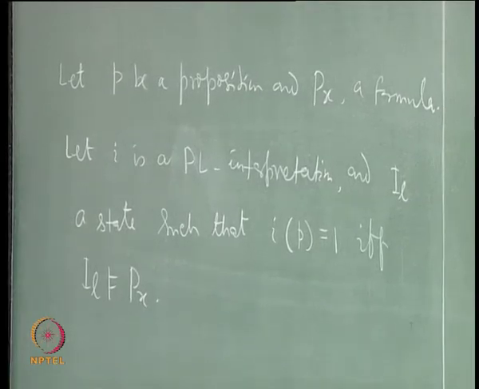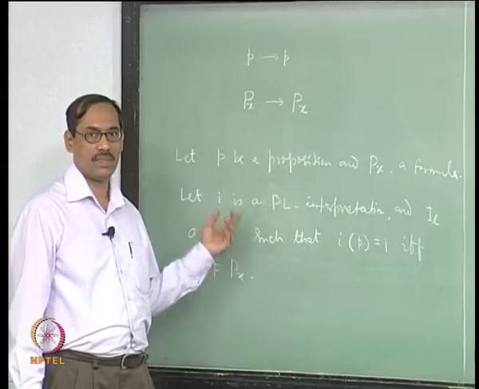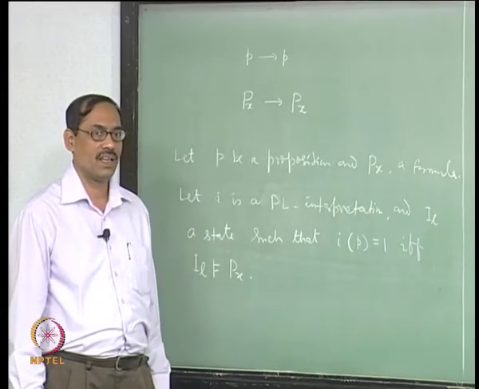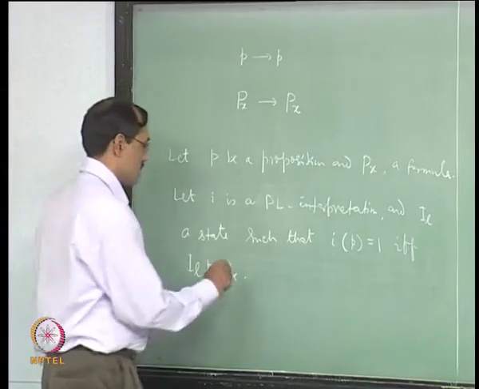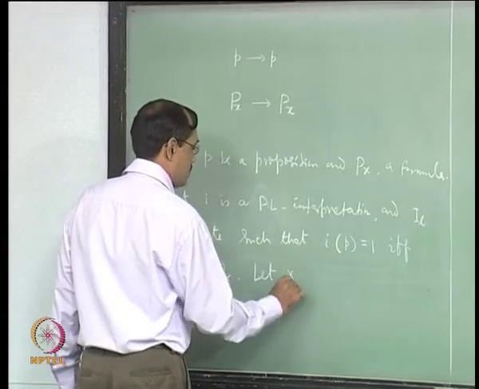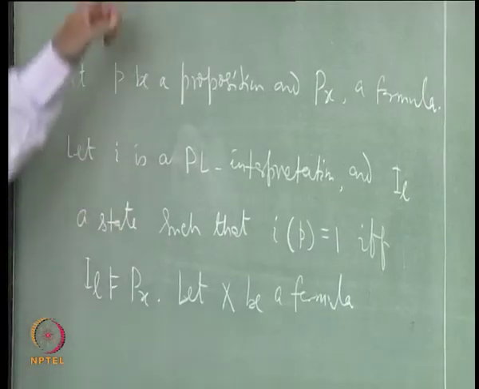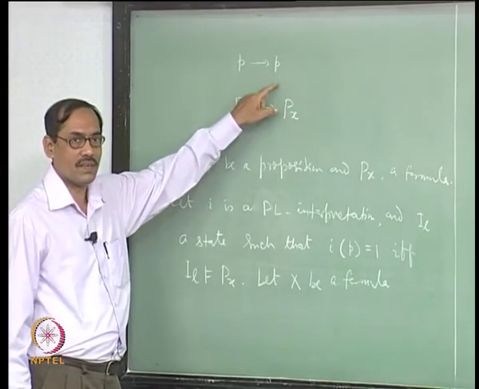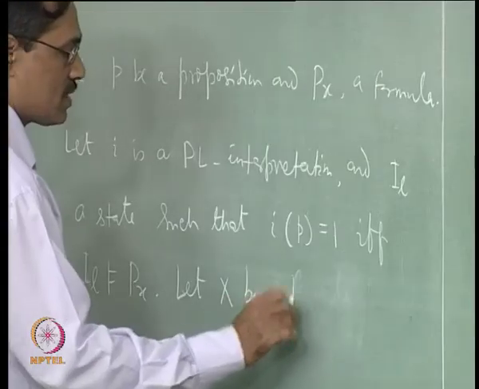Okay. Now, what do I do? I take any formula, let us say x. In x there can be p's; suppose some small p's occur in x. Then in all those places wherever this small p occurs, we want to substitute Px instead. We want to start from propositions like P implies P, so we will not take in general any formula, but let us start with a proposition where small p occurs. Let x be a proposition.